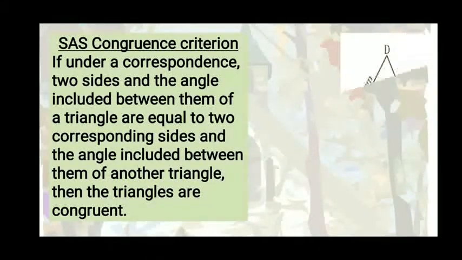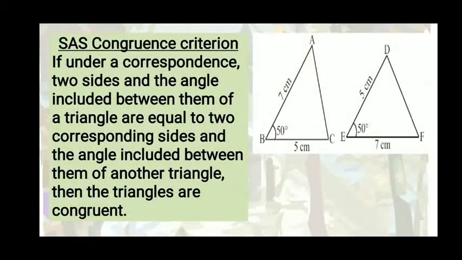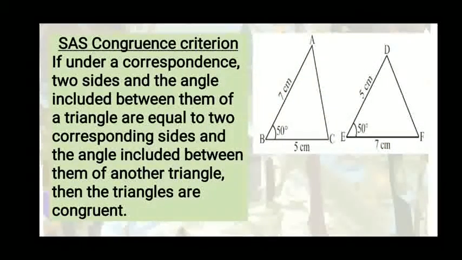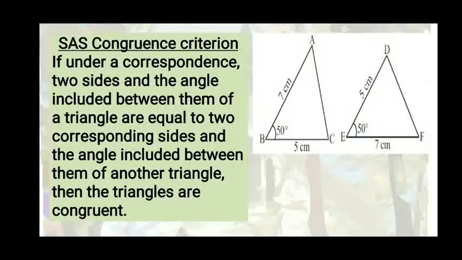That's what it means. Now here the example is given: triangle ABC and triangle DEF. Here AB is equal to EF, both are 7 centimeters each, and BC is equal to ED, both are 5 centimeters each, and angle B and angle E are 50 degrees each. Therefore this test is the SAS test.